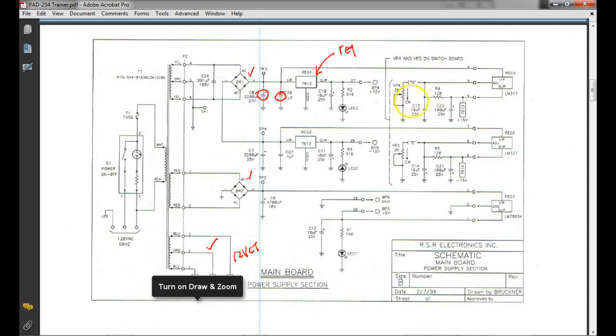Now these regulators out here, you see these resistors. These are potentiometers that's wired to act like a pot. So these are variable regulators. These guys out here: the LM317 is a positive variable regulator, and the LM337 is a negative variable regulator.